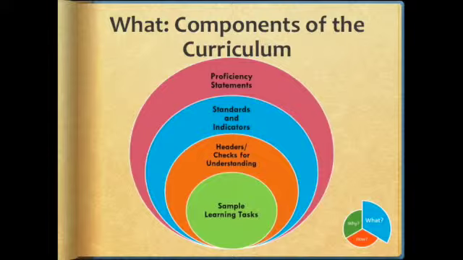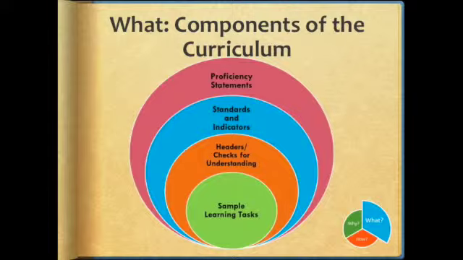In order to do this, we created proficiency statements for each of the content areas. The proficiency statement states what students should know and be able to do for standards by the end of the school year. These proficiency statements were developed through careful analysis of the standards and indicators.